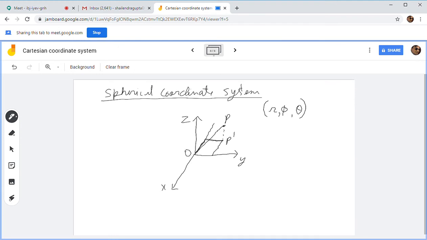I will take the third dimension first. So what is theta? Theta is the angle of this OP with the z axis. Understand? This is your theta from the z axis.